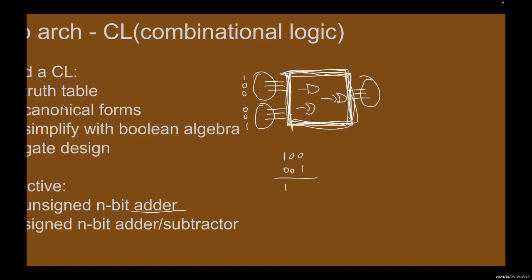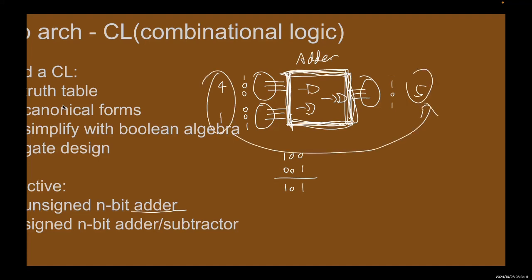They add together to get 1, 0, 1. So this is 4, this is 1, and it outputs 5. An adder turns 2 binary numbers into 1 binary number, and this black box is called combinational logic.